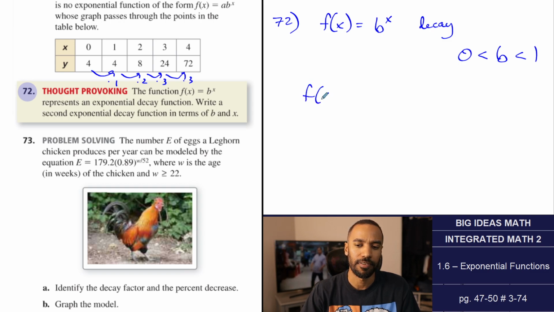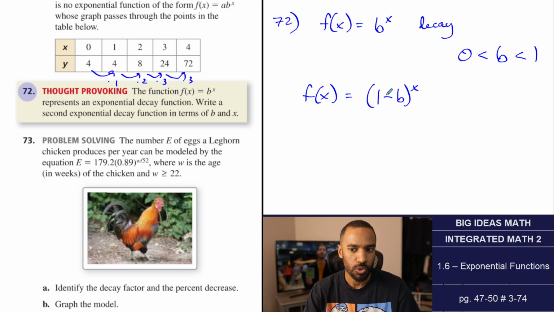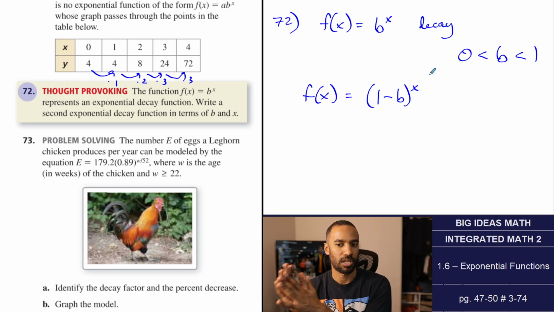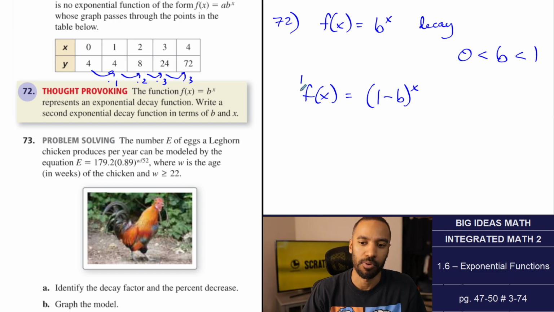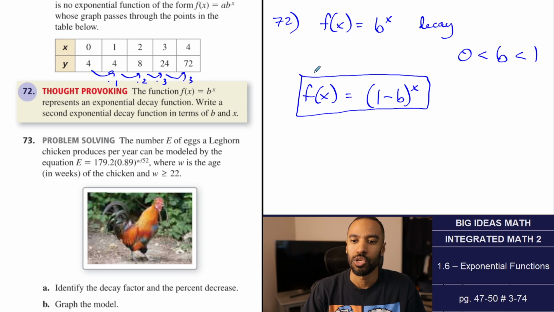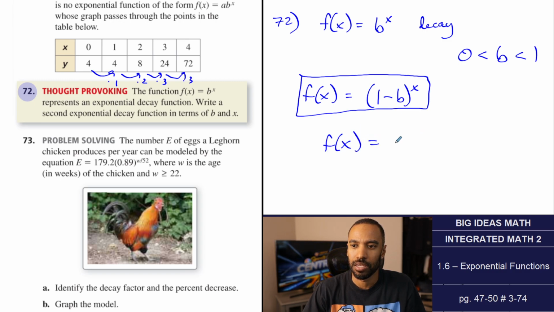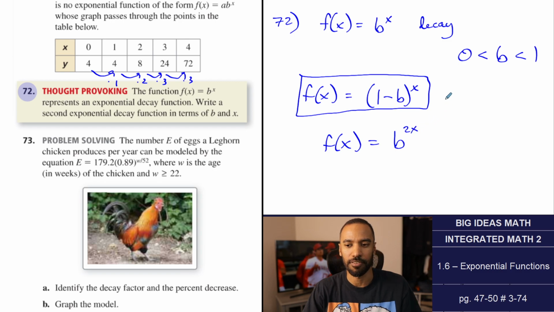You could do f of x equals 1 minus b to the x power, because if b is 1/2 and you're doing 1 minus 1/2, basically if b is a number less than 1, then you're staying less than 1 still. So this is an example that would work. You could also probably do the other kinds that we've been looking at, like b to the 2x and stuff like that.